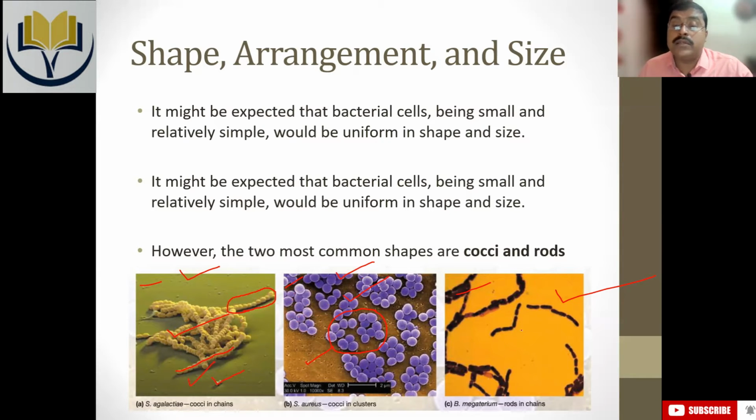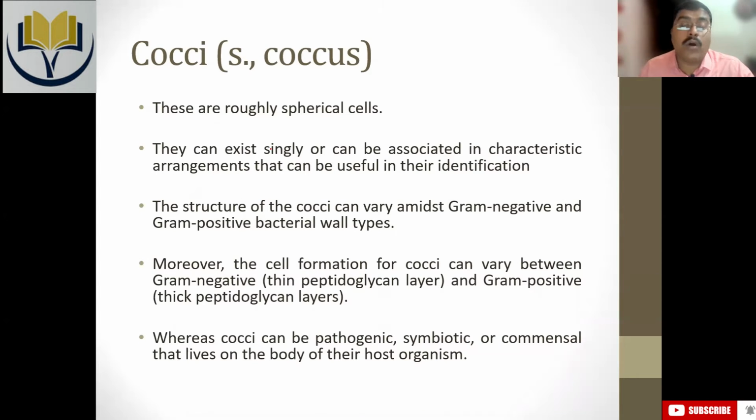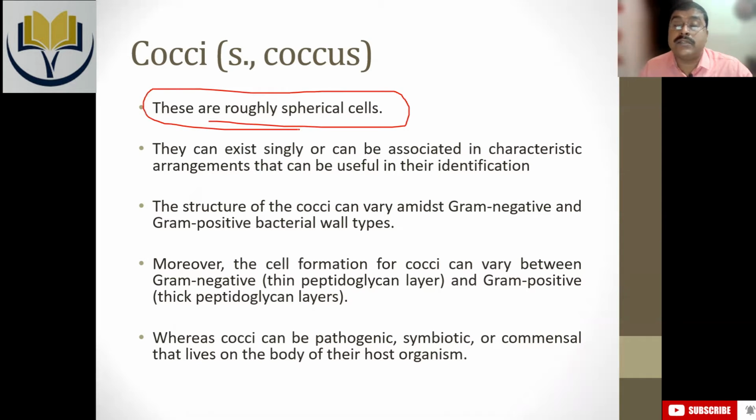Now, when we are discussing this particular shape, as you can already see, this is a rod-shaped bacteria, but this rod-shaped bacteria is present in a chain structure. Let us discuss what is coccus. Cocci are roughly spherical cells. Coccus is a singular term and cocci is the plural form.